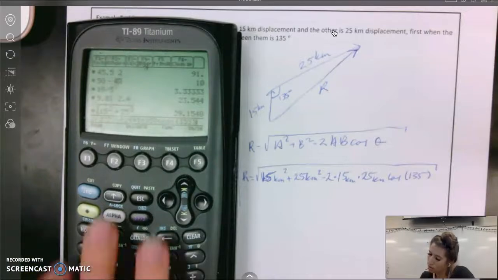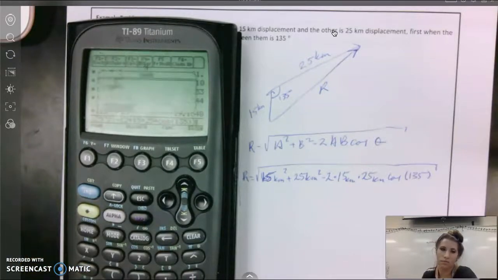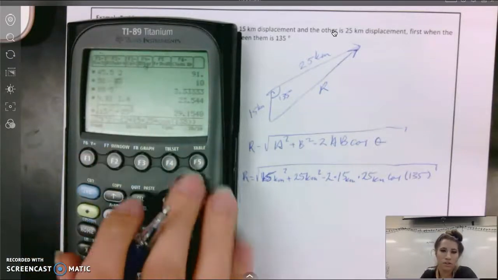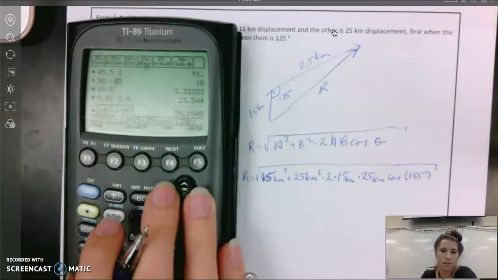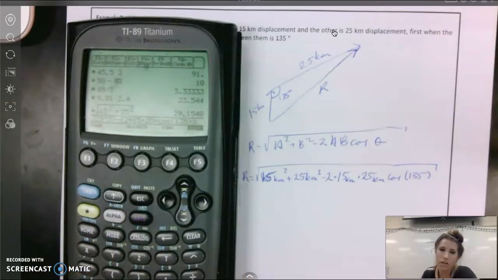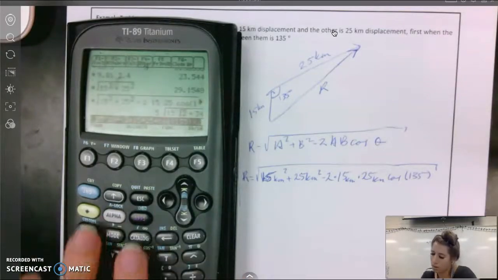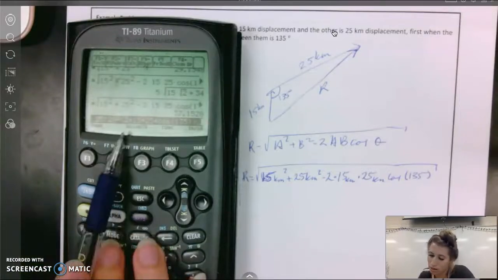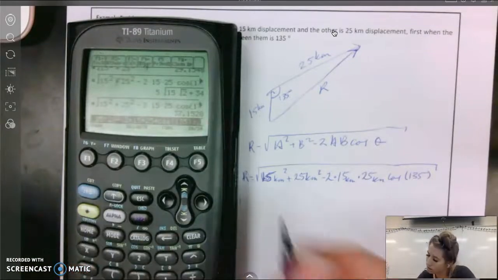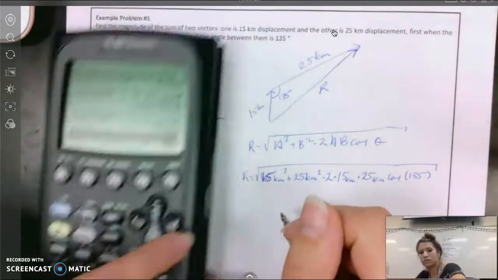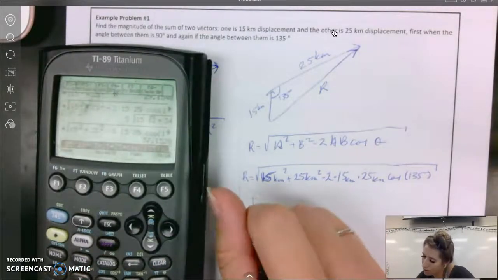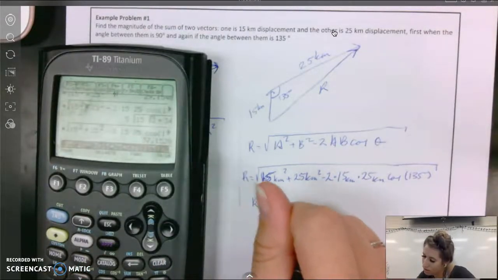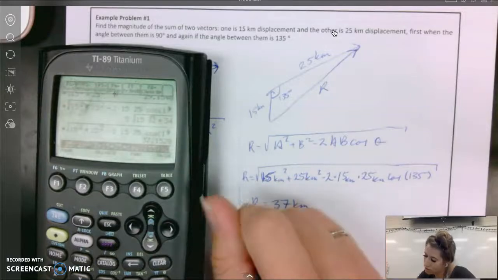Now it's important that, oh, we didn't end. I need one more right there. That we make sure that our calculator is in degrees and not radians. Okay, so we have R is equal to 37 kilometers.